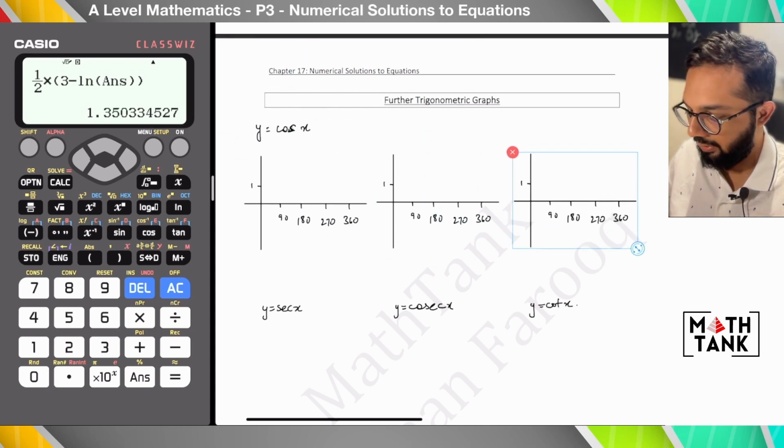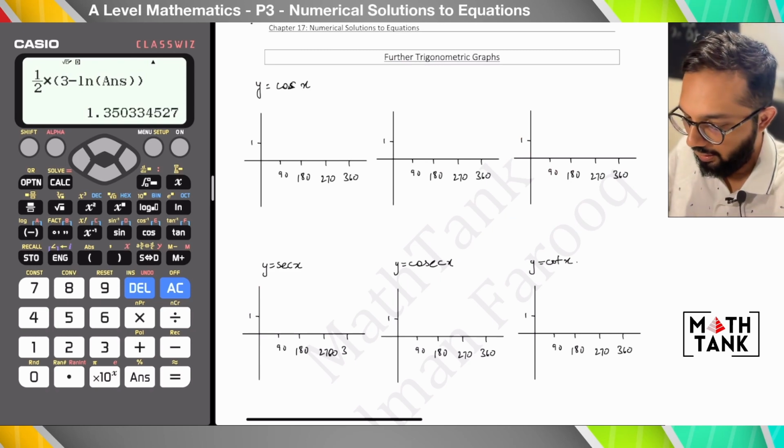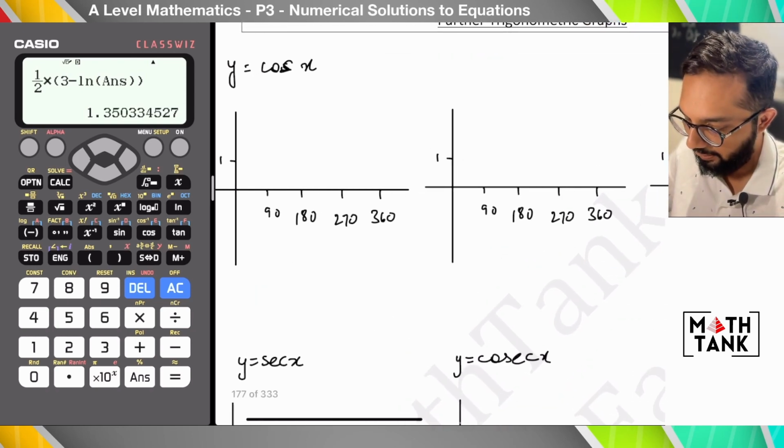I am going to draw these for you. Okay, so the graph of cos x looks something like this.